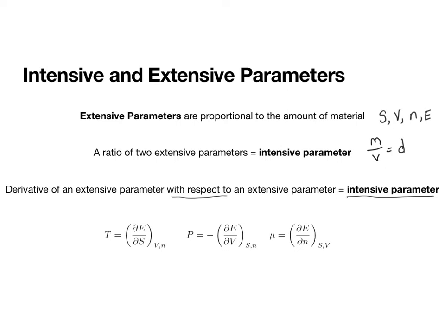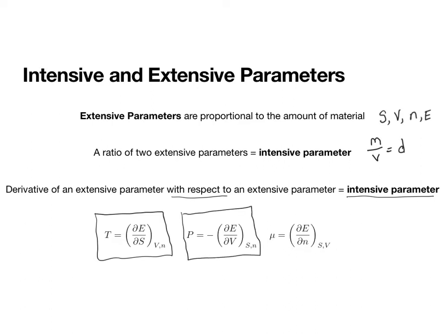And this allows us to set up three very fundamental relationships that we're going to use throughout our next discussions. So these are sort of definitions in that the temperature is the partial derivative of the energy with respect to the entropy, holding the volume and the number of moles constant.